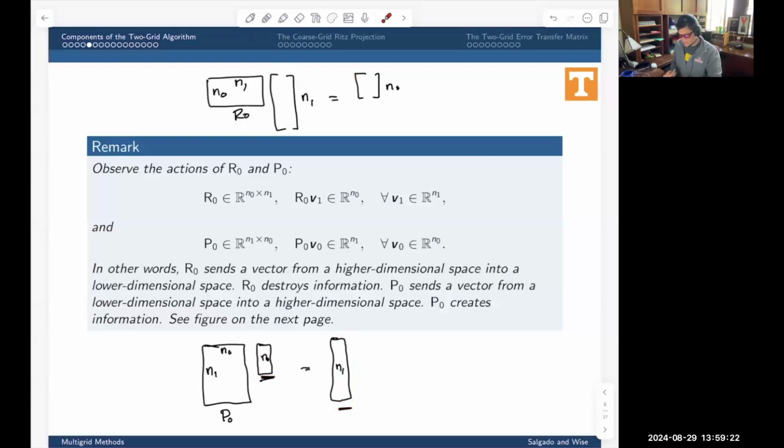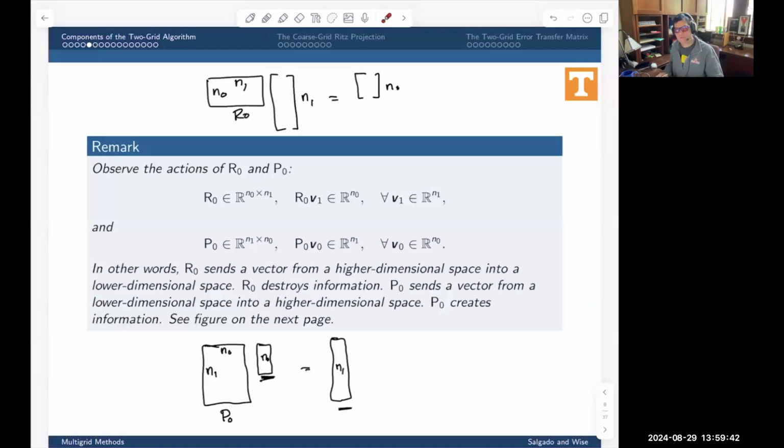Now, you've probably seen in the past these types of matrices called projection matrices. They push something from a high dimensional space to a low dimensional space. These restriction operators are similar.